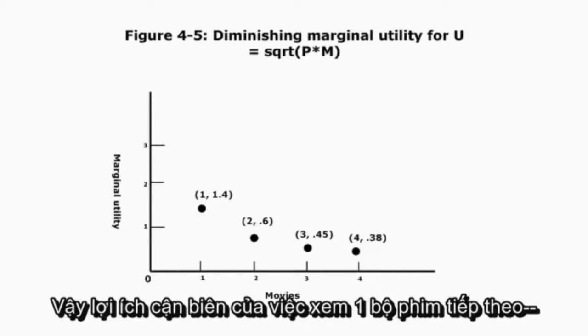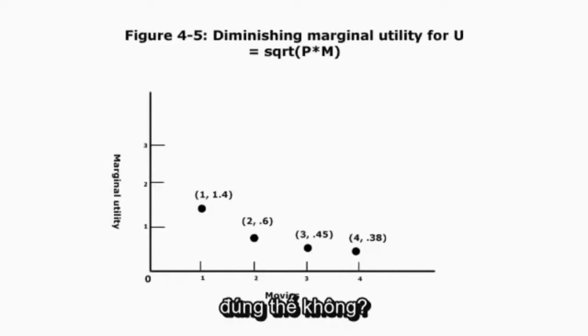So the marginal utility of that next movie is, is that right? 2 movies, 1.4. It's going to rise by the square root of 2. I'm doing this wrong. Hold on.